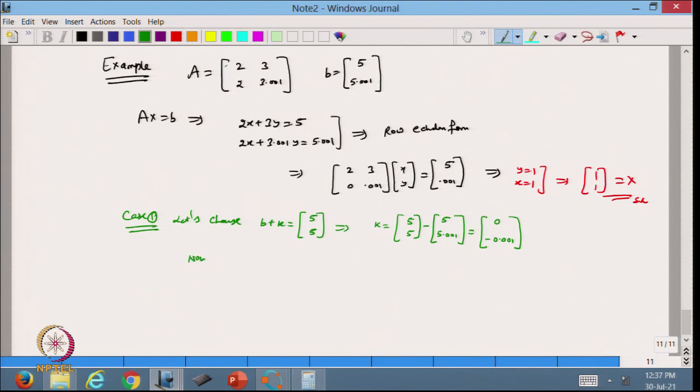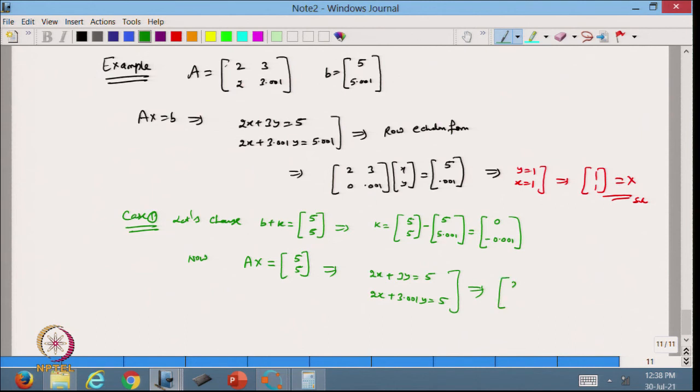Now, let us see what is going to happen. So, we are going to solve this system now. So, I have Ax is equal to this B, 5, 5. So, which implies that 2x plus 3y is becoming 5 and 2x plus 3.001y is equal to 5. Now, from here if you see, I can write from echelon form.